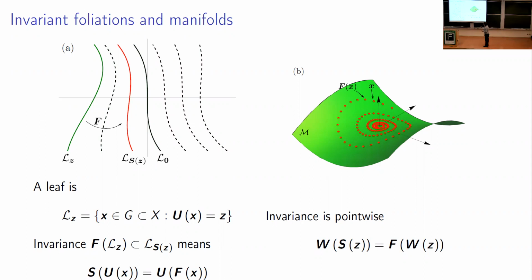These are the leaves of the foliation, these curves, and the invariance means that the map F, the high dimensional map, maps one leaf to another leaf, such that the parameter of the leaf is mapped forward with your low dimensional map. That's all. This is just a geometric point of view, and this is the invariance equation, which is exactly the same.